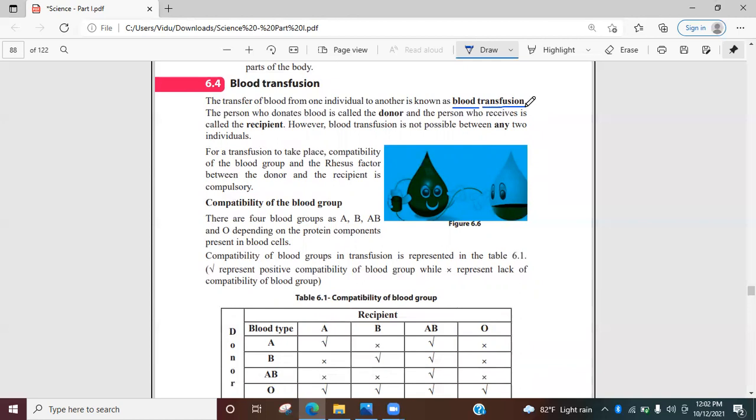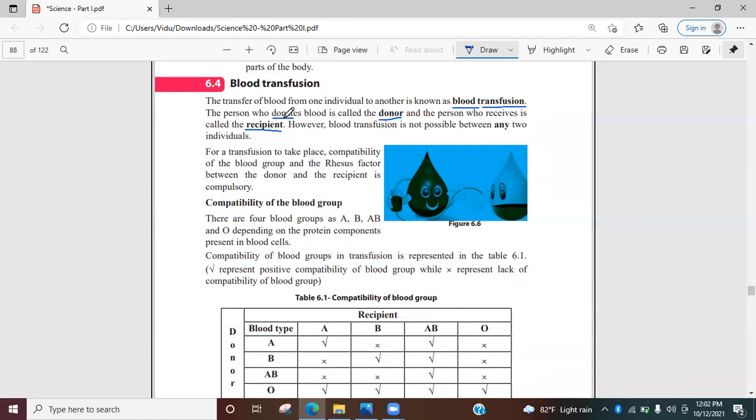The person who donates the blood is known as the donor. It's easy to remember: donates, donor. The person who receives the blood is called the recipient.